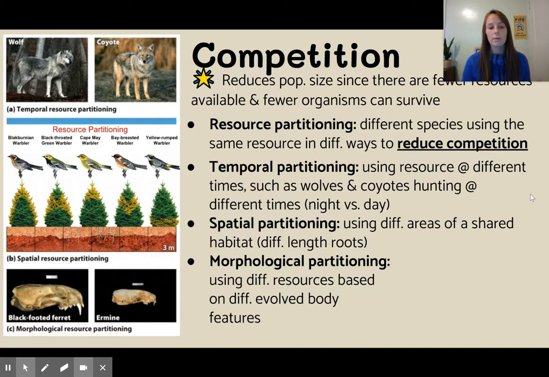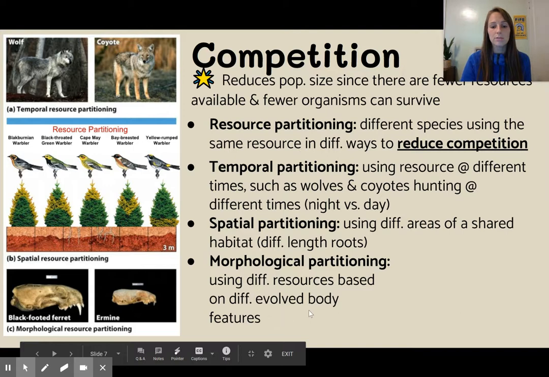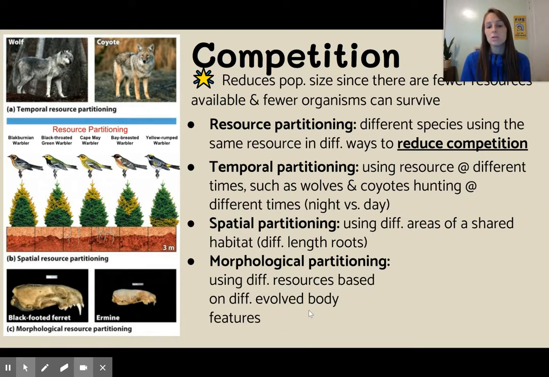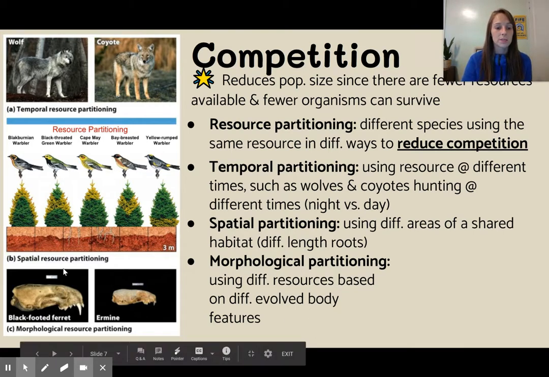And this is where, through evolution, you have come to have actual differences in the body features that have evolved. And so they use different resources based on these different body features. So for example, if you look at the black-footed ferret versus an ermine, you are going to have longer fangs here, shorter fangs, a bigger head, a smaller head.